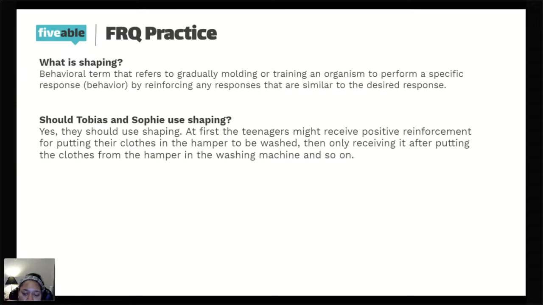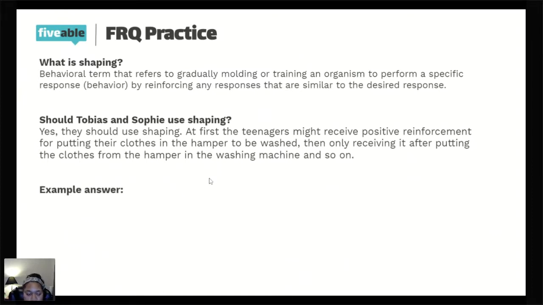They're putting clothes in the hamper. They're putting clothes from the hamper in the washing machine. And then finally, they'll start the washing machine, and then they've done their laundry and fold it, and so on. So we're inching up to the desired goal. That is shaping.